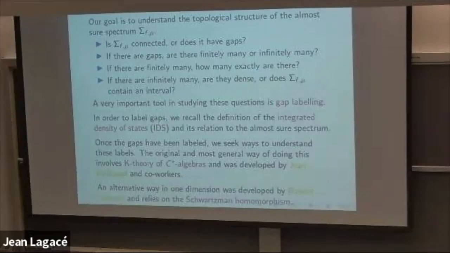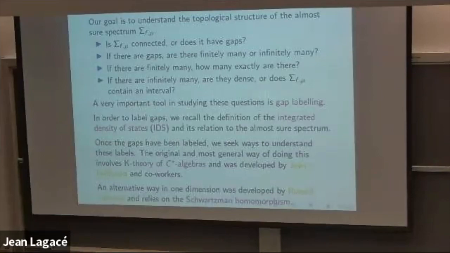However, if you compute it, or rather its image or range, which is called the Schwarzman group, the gap labeling theorem will tell you that the gap labels are elements in that Schwarzman group. So there is this group that you can compute, and like I said, in many cases, it's not difficult to compute it.